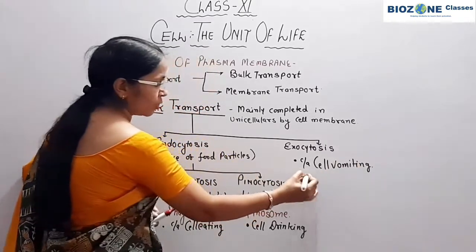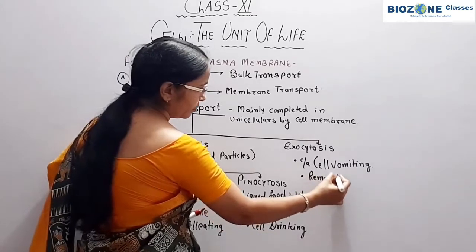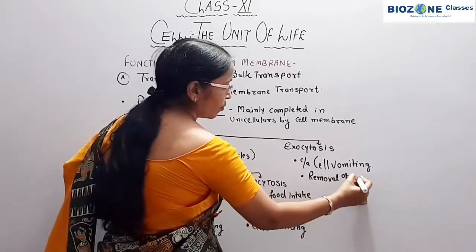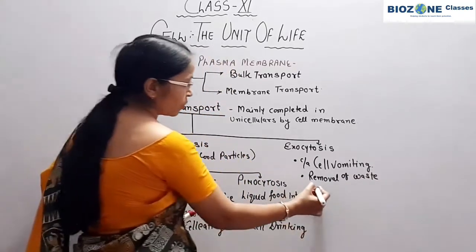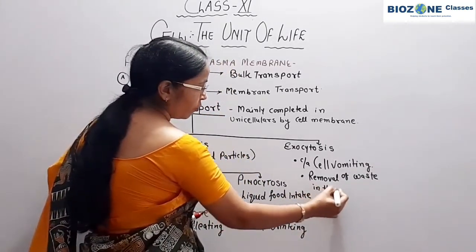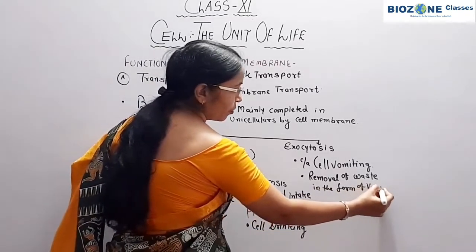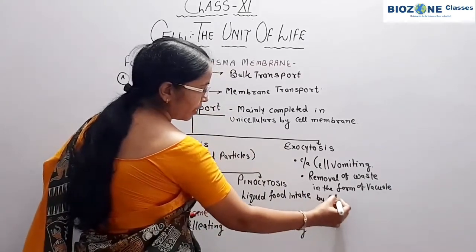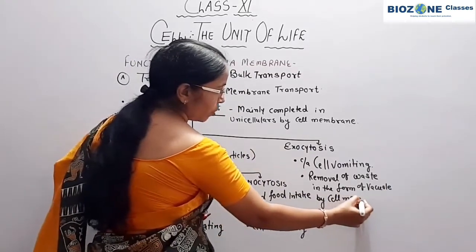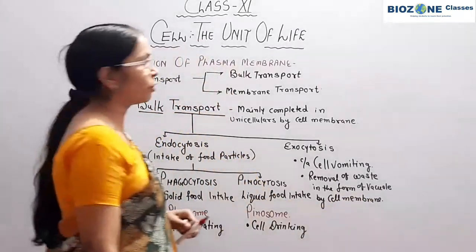In exocytosis, removal of undigested waste or excretory waste in the form of a vacuole by the plasma membrane or cell membrane takes place.